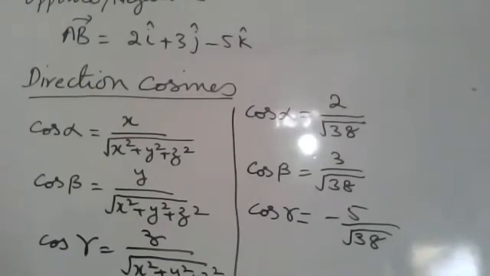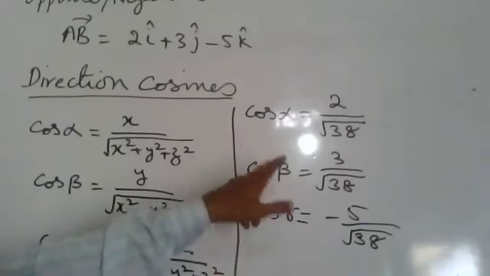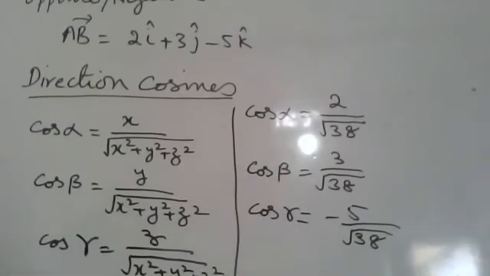And remember, these are not the angles of a triangle. If you are finding alpha, beta and gamma, just remember they are not the angles of a triangle. So the sum of these angles is not necessarily equal to 180.